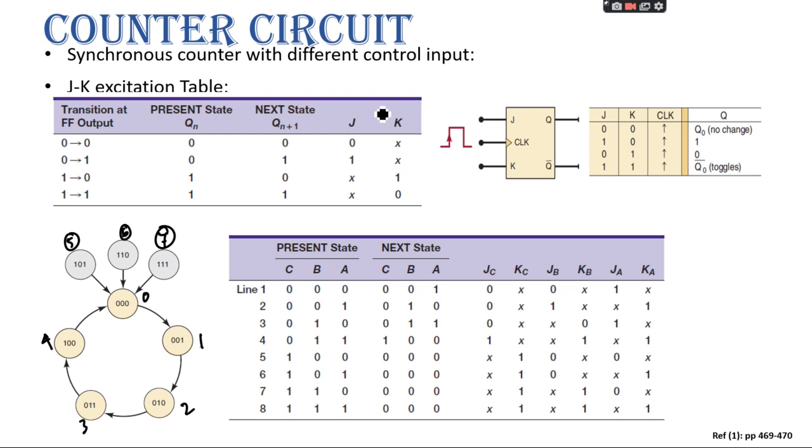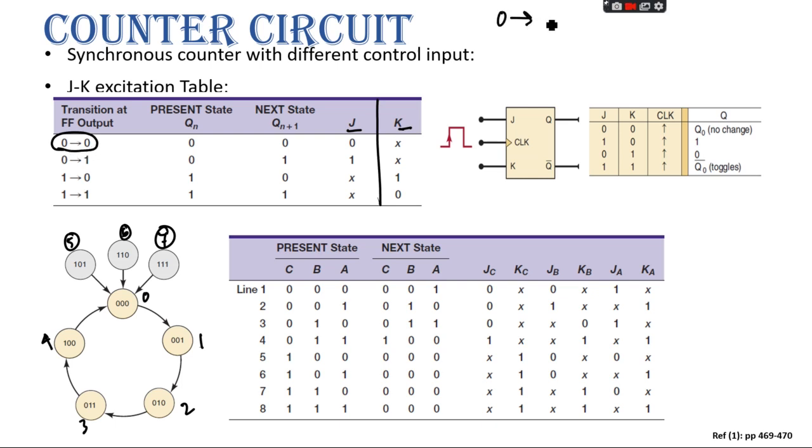Now what we are doing, we are not using the same input for J and K. So if you don't use the same input for J and K, how can we do that? Here you see the first condition is when you need to transit from 0 to 0.